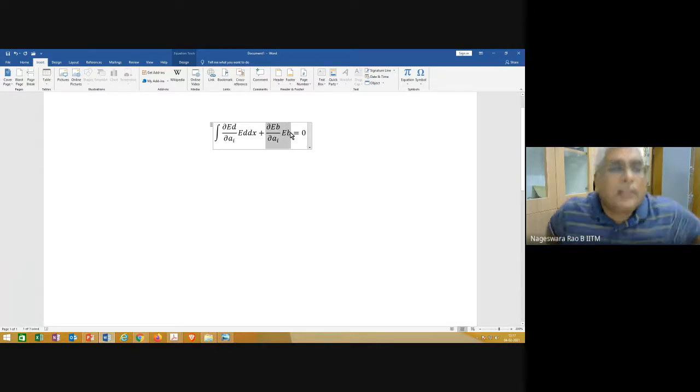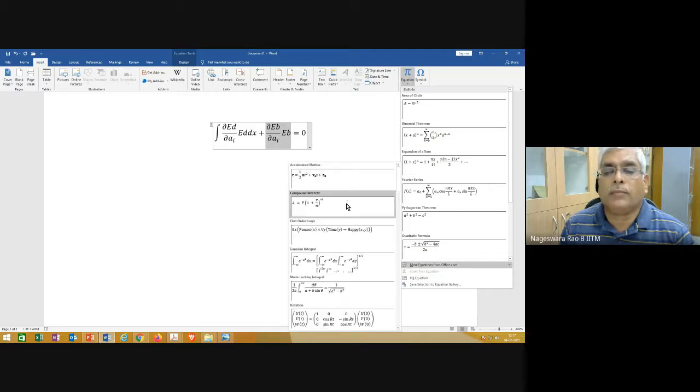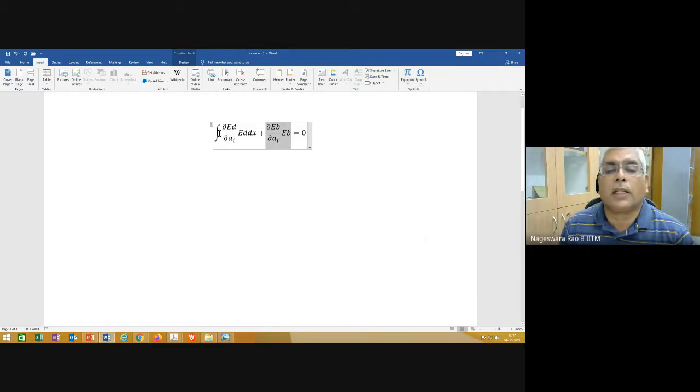I'm unable to edit this equation here. That is the problem. Or I will do it properly in tomorrow's class. I don't know why it is taking so much time.